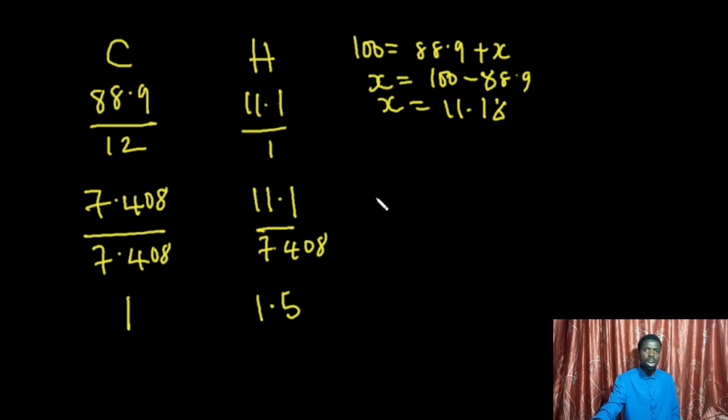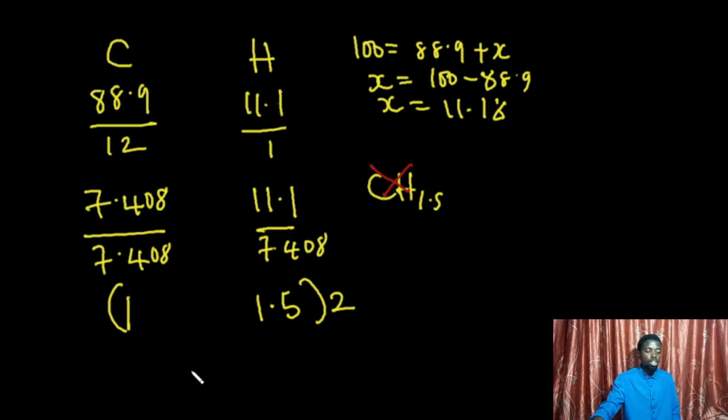Now, we are not going to have our final answer as CH1.5. If you noticed in the rules, this is not going to be correct. Why? Because earlier on in the rules, we said that when you have a 0.5 decimal, you simply multiply all the values in that particular empirical formula by 2. And we have a 0.5 value here, so we're going to multiply both 1 and 1.5 by 2.